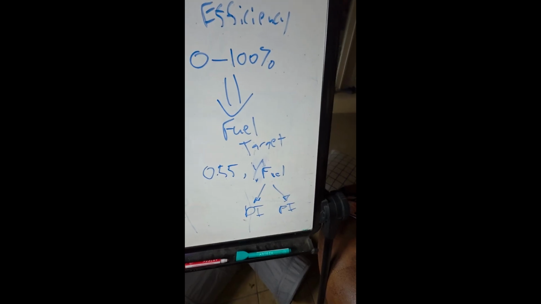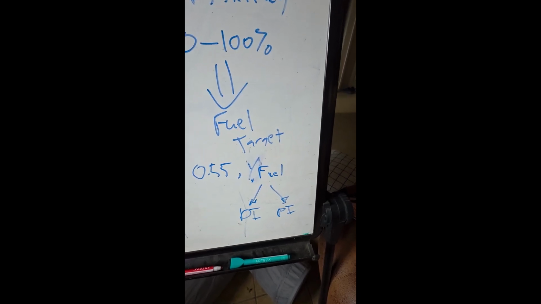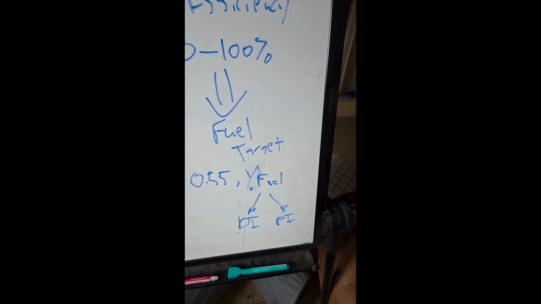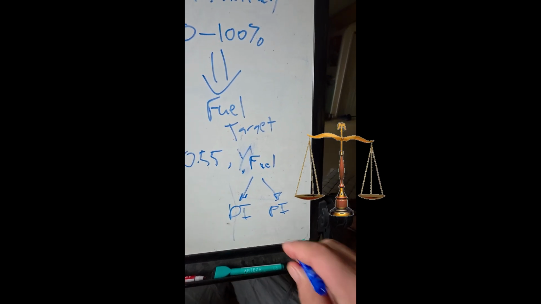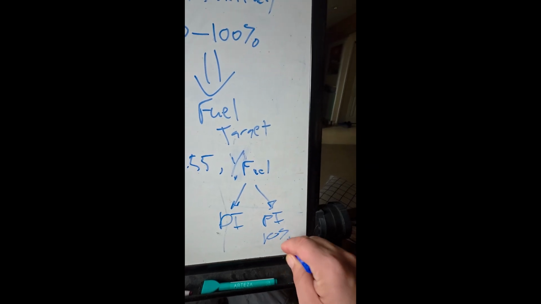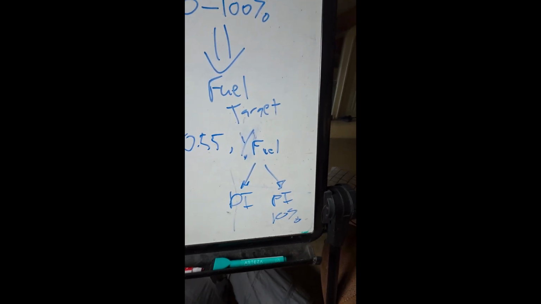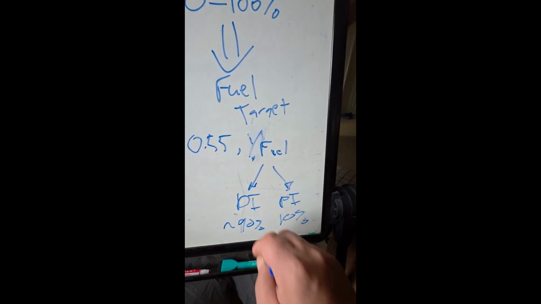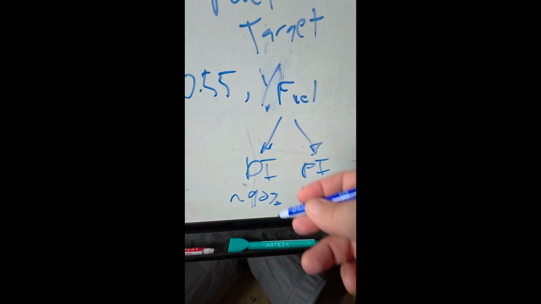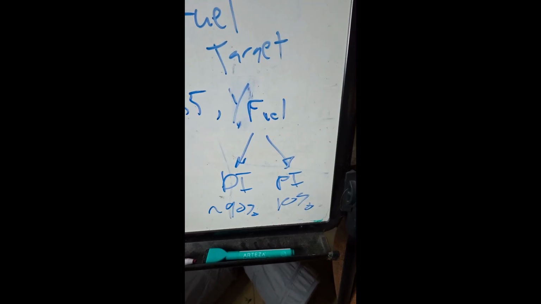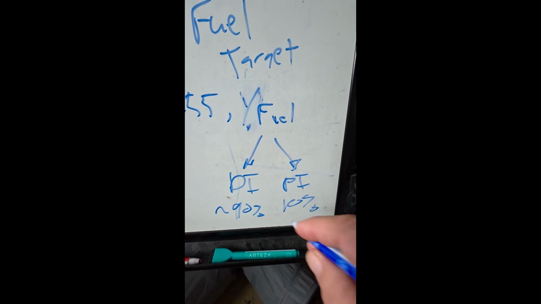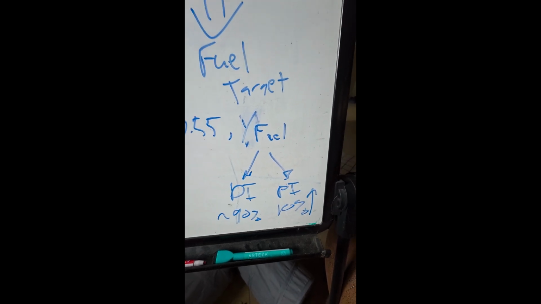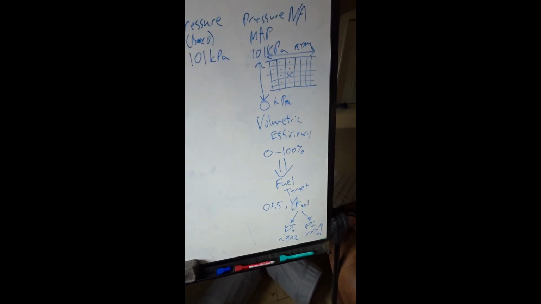So the two together, I think normally you want to see that your port injection is no more than 10% of an overall fuel load. Don't quote me on this. And maybe the direct is supposed to be about 90, because that's efficient going right in the cylinders. If you start going lean, that PI can go up, but that's to bail you out. It's not a good situation, but I digress.